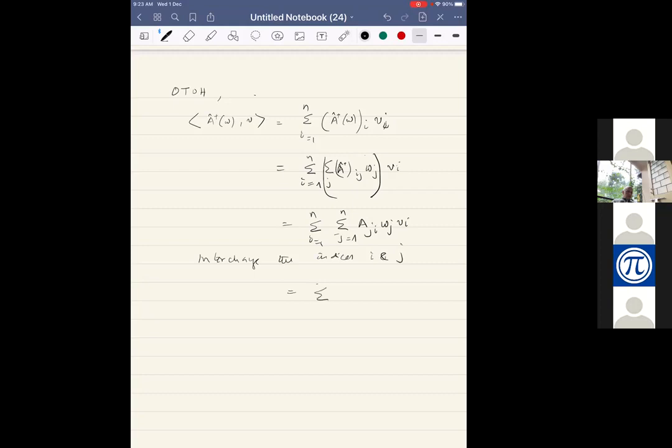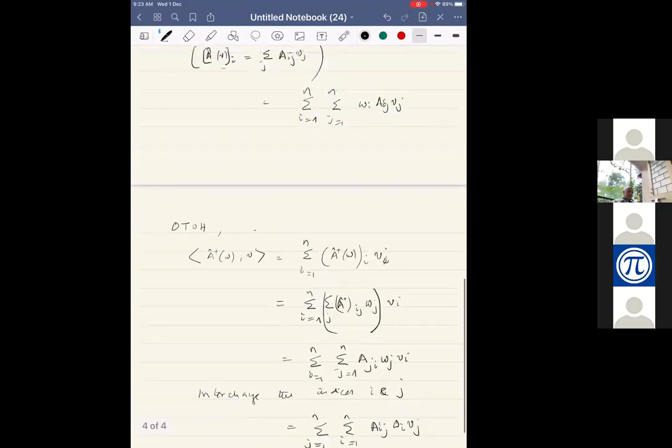So this is the sum over j equal to 1 to n, sum over i equal to 1 to n, A_ij w_i v_j, which is now the sum over i equal to 1 to n, sum over j equal to 1 to n, omega_i A_ij v_j.